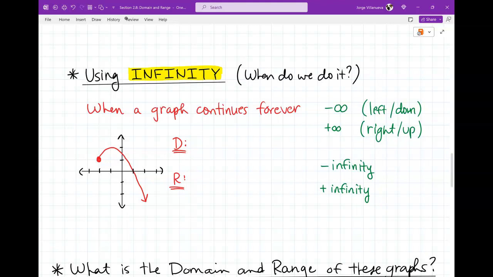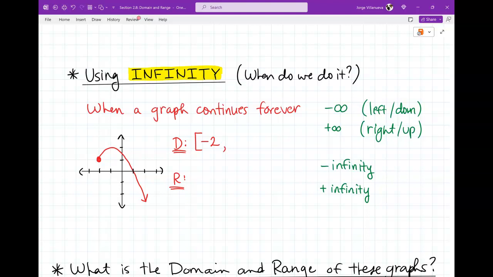How far to the left does it go? To -2. Does it include the -2? Do you see a solid dot there or an open dot? Solid. So that means it includes it. So I'm going to say bracket -2.